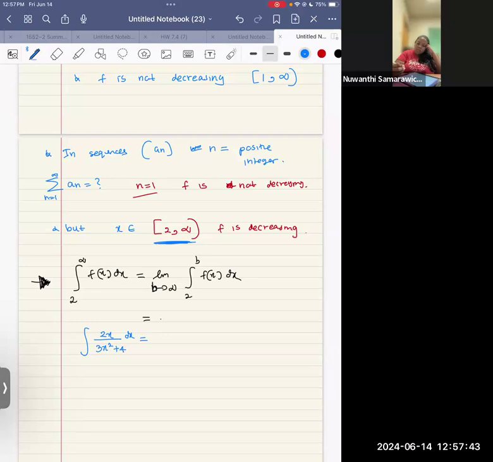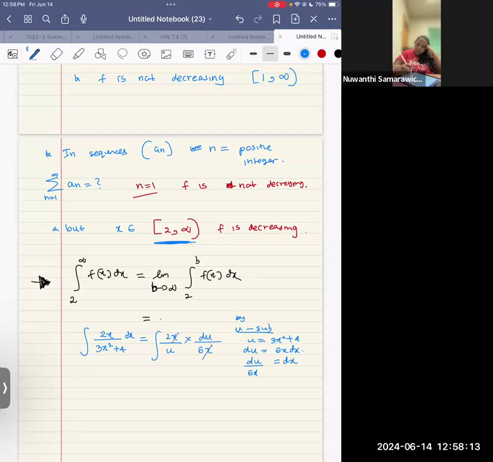You can use U substitution. Take u equal to 3x squared plus 4. Then du is 6x dx, so dx is du over 6x.